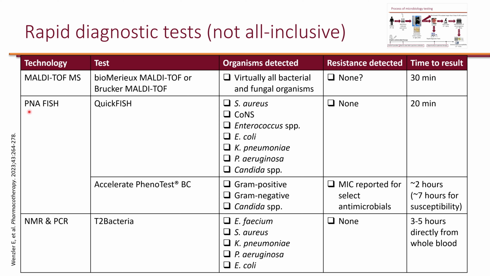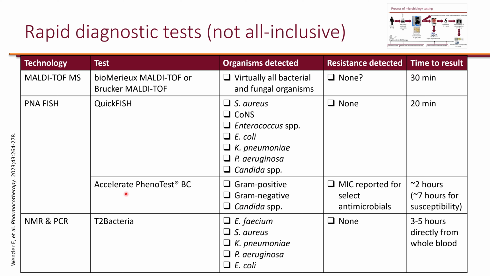Other technologies, PNA-FISH. So we have QuickFISH that's actually pretty quick, 20 minutes. It can detect select organisms, but again, it cannot detect resistance. And more recently, we have the Accelerate Pheno test, which can detect a number of gram-positive and gram-negative organisms as well as Candida species.